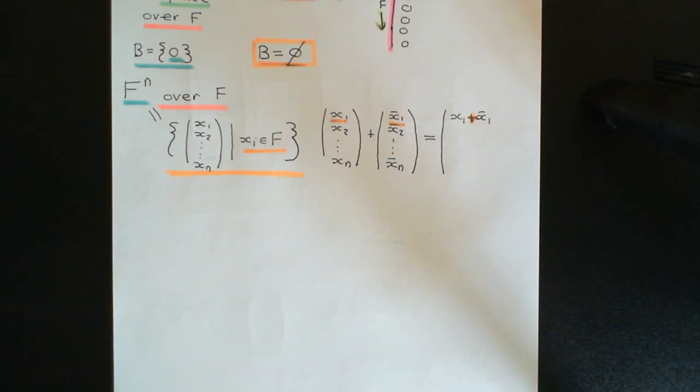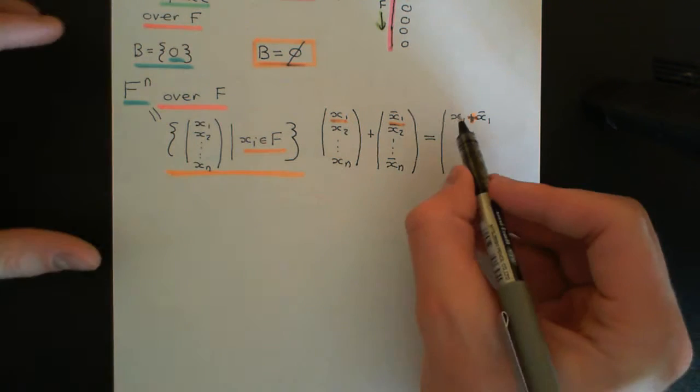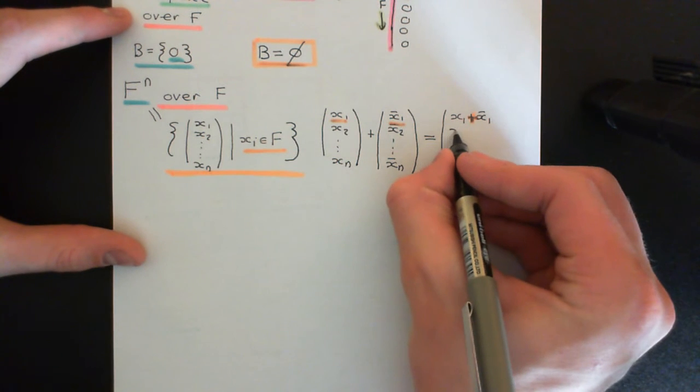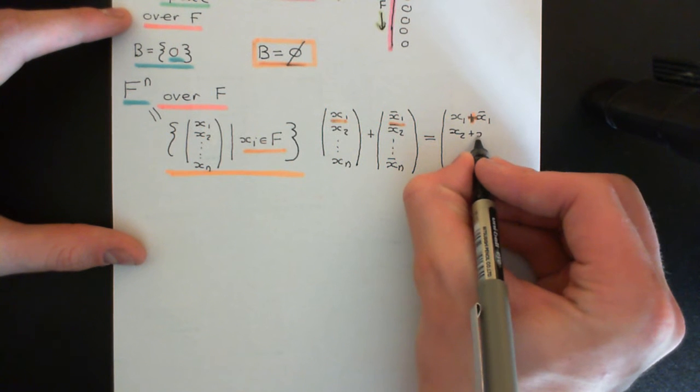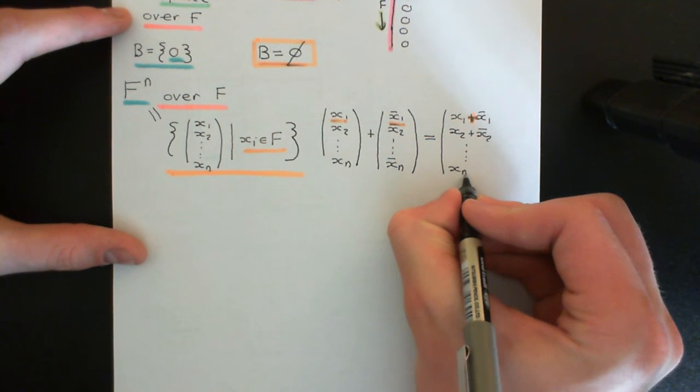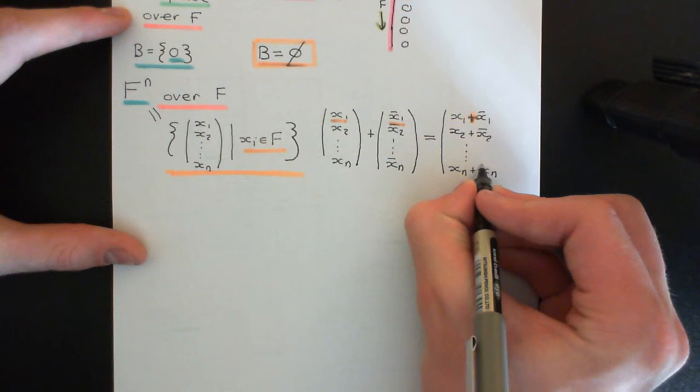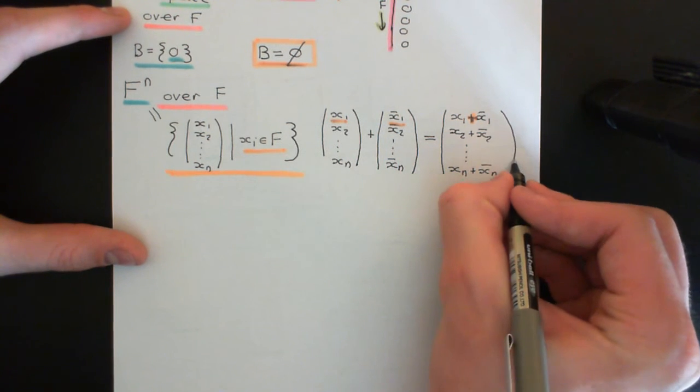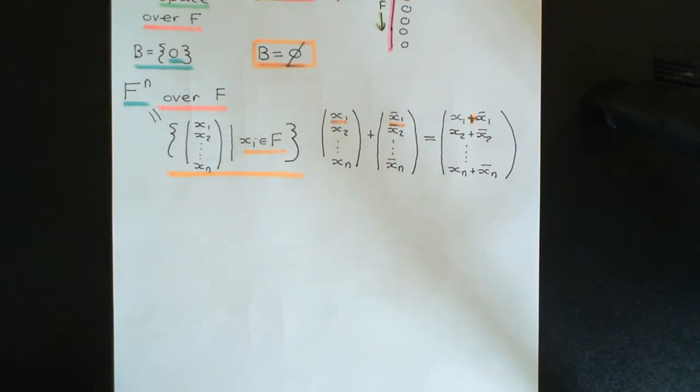In a field you can add two elements together. For instance, in the real numbers you can add two numbers together. So you'll add these two elements together in the field. The same for the second component, so you'll add x2 to x2 bar, and you'll go all the way down and add xn to xn bar in the field. So you add all the components together in the field, like so.